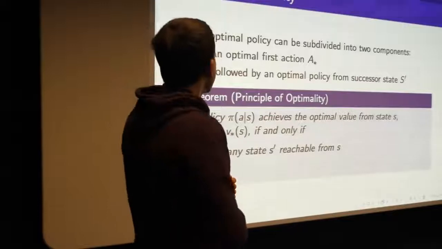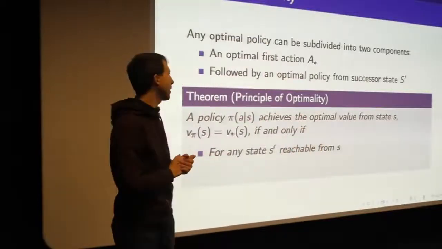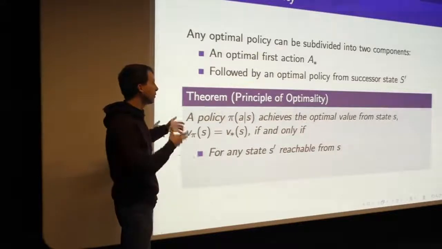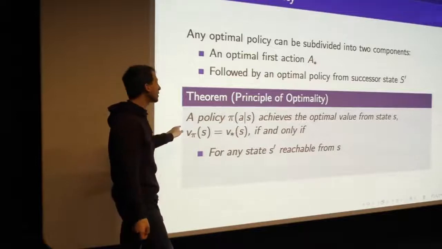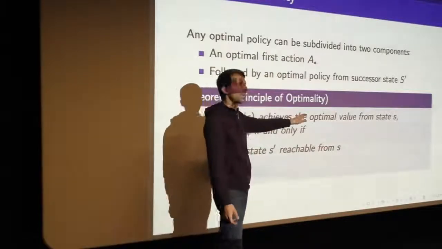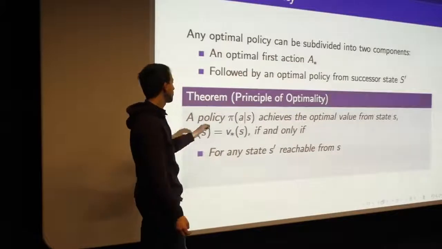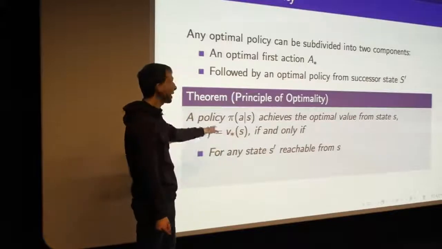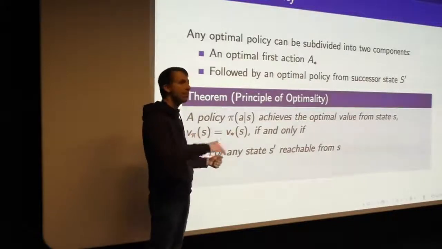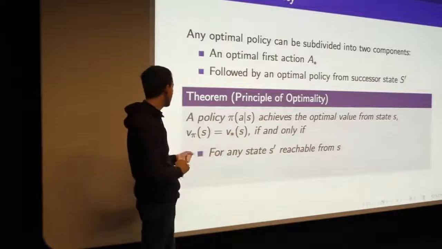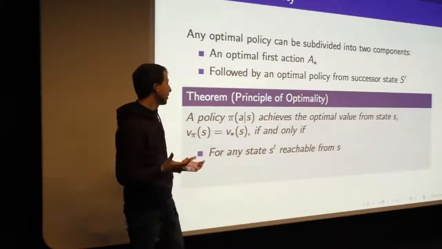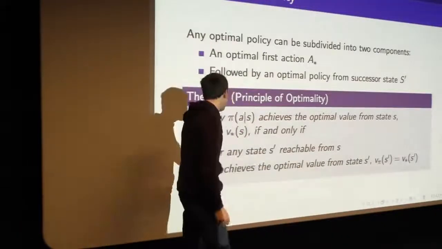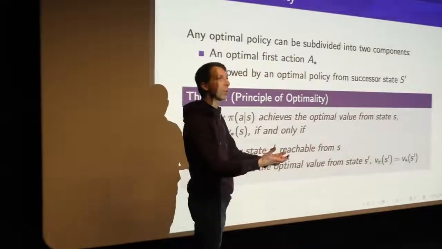So this gives us a theorem, the principle of optimality for policies, and the way to think of this is just a formalization of exactly that intuition. A policy achieves the optimal value from any state S, in other words, the value of that policy is the optimal value function from state S, so this policy really does get the maximum juice out of our MDP, if and only if, for any state that we can reach, the policy that we follow is optimal from that state onwards.